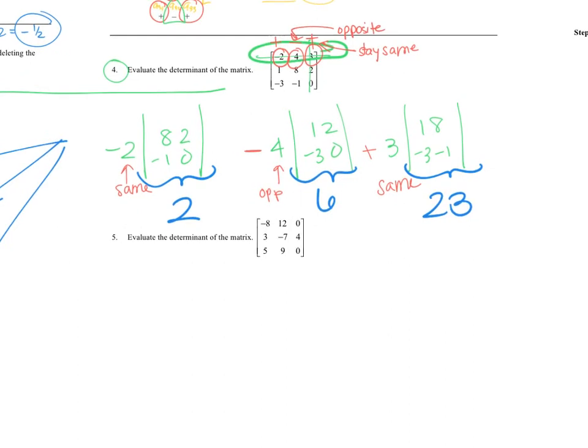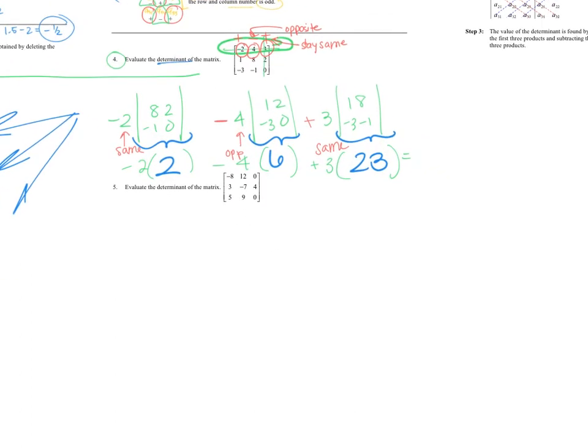So then to actually find the whole determinant of the 3 by 3 matrix, it's just going to take that -2 times 2, -4 times 6, and +3 times 23, which will end up being -4 minus 24 plus 69, which will equal a positive 41. So 41 is the determinant of my original 3 by 3 matrix.